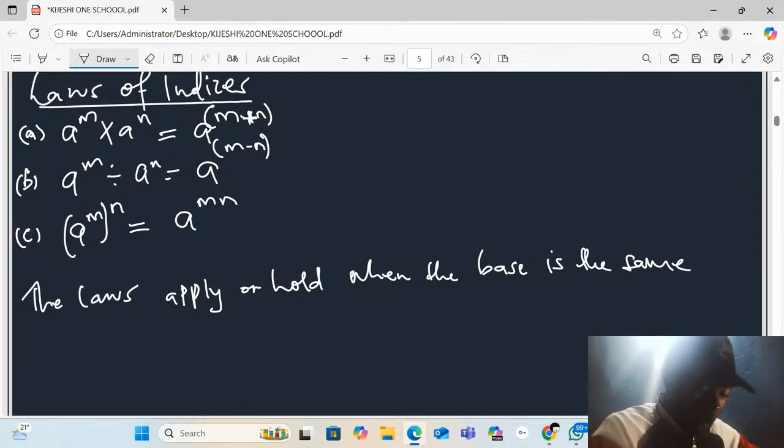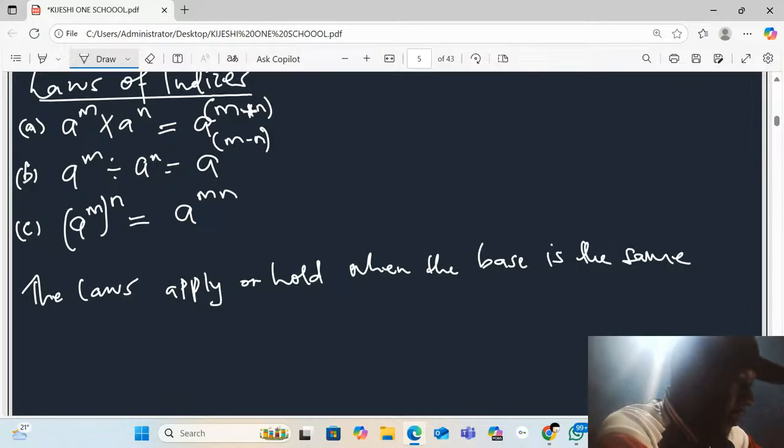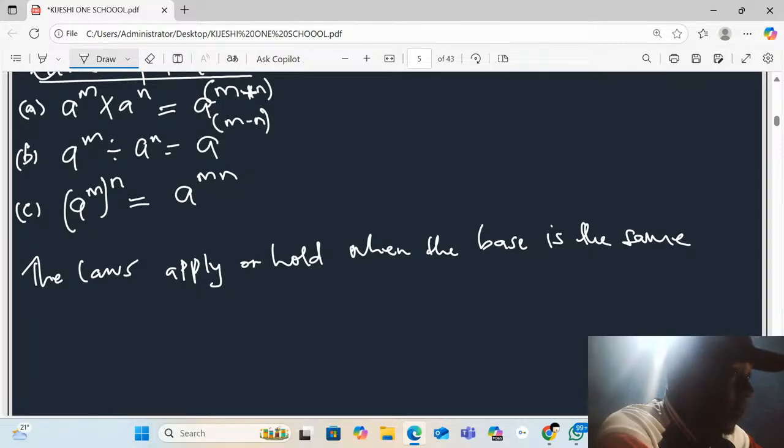So the laws only apply when the bases are the same. You can see the base is a everywhere. So a power m times a power n, we get a power m plus n. We add the powers. Then when we're dividing, you subtract. Then you multiply by n, you're going to get mn.